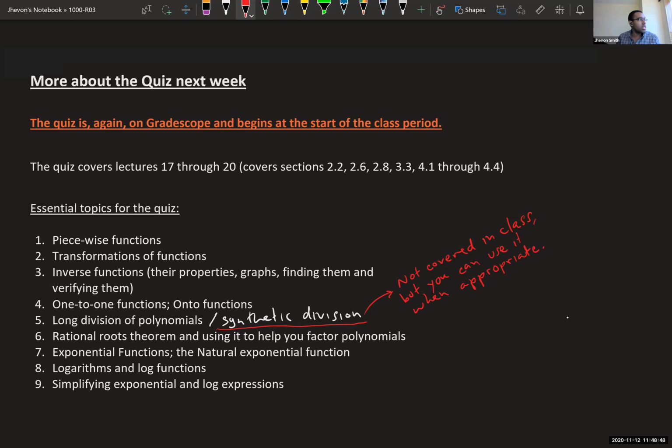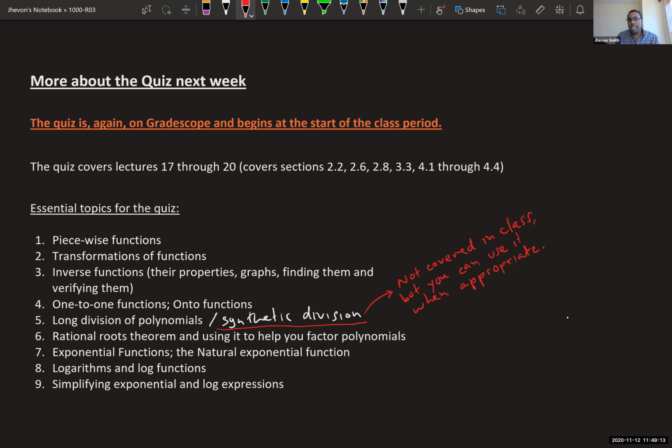And if you learn the synthetic division, there are little nuances to that. So if you really like synthetic division and you want to do it, just make sure that from your synthetic division work, you can actually match up each step to a particular step in the long division. So at least make sure you know that, as well as knowing when synthetic division is appropriate.